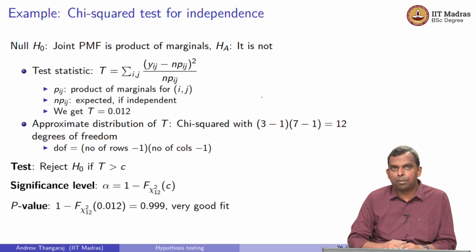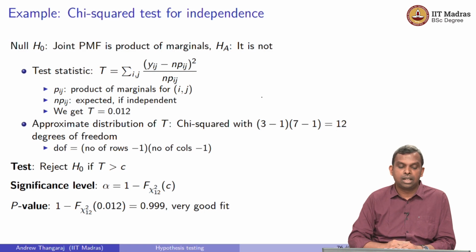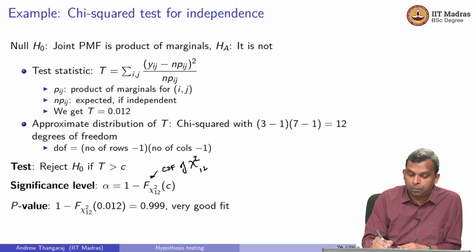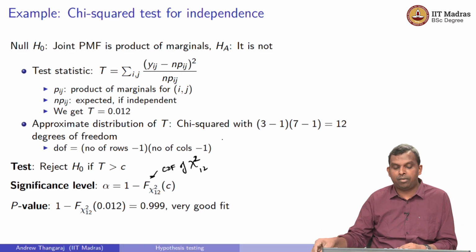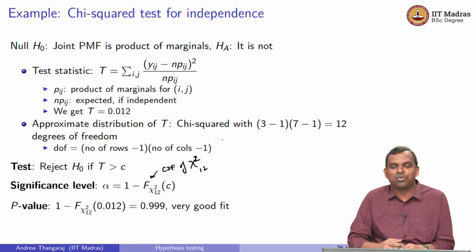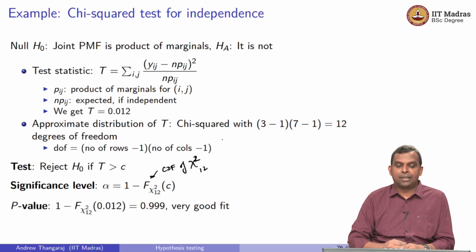The significance level is 1 minus the CDF of chi-squared 12 evaluated at the critical value, because the degree of freedom is 12. If you like p-value, you can do 1 minus F chi-squared 12 of 0.012, and that's 0.999, which shows a very good fit. High p-value, you accept the null hypothesis.